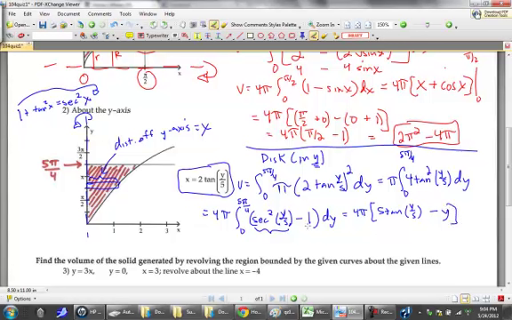Okay. Antiderivative of 1 is y, and so we go from 0 to 5 pi over 4. Okay, we have the 4 pi on the outside.